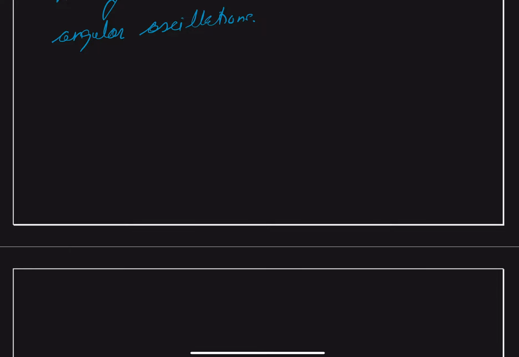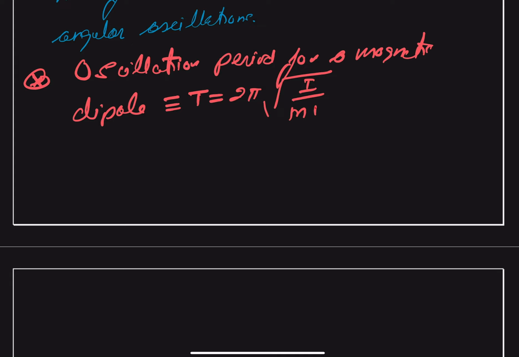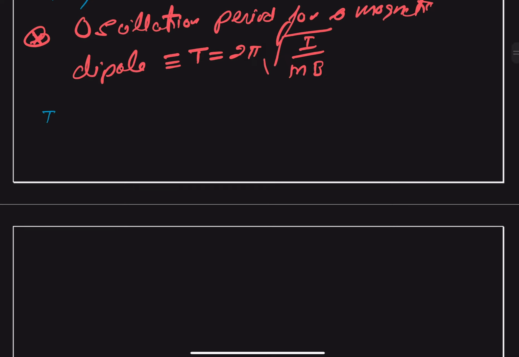We can say oscillation period for a magnetic dipole is represented T, and this T is equal to 2 pi square root of I divided by mB, and here this I is the moment of inertia about its axis, M is the magnetic moment and B is the magnetic field.